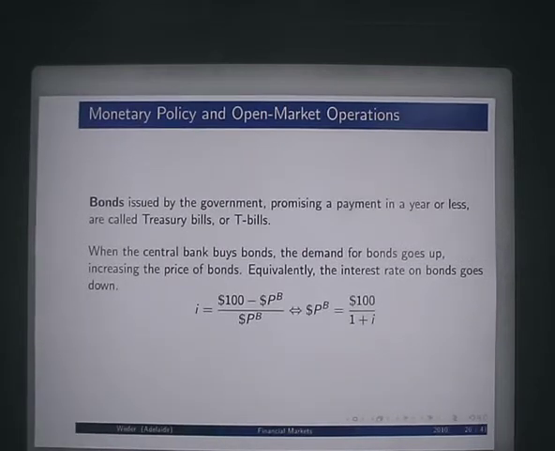So I give you here a very simple example of a bond that promises to pay $100 by the end of this period. Let's suppose this bond is issued on the 1st of January, and the promise the government gives you is that by the last day of the year, within 1 year, say, they will give you $100.